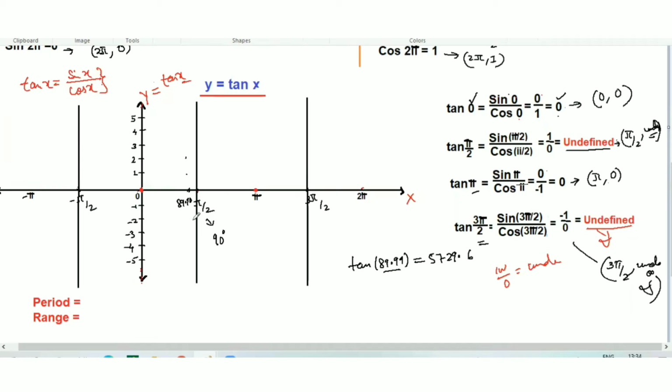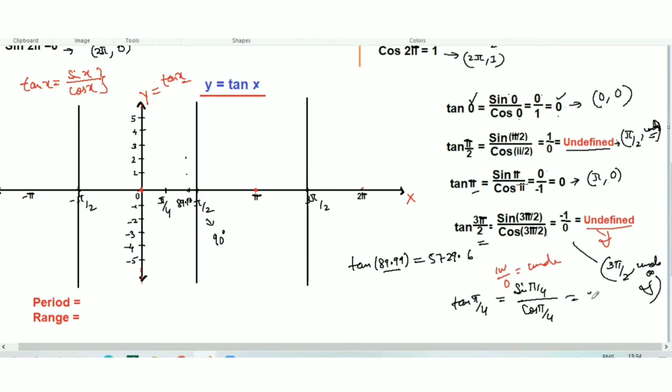Okay. But if you find tan π/4, between 0 and π/2, here it is π/4. When you find tan π/4, you will get the point 1. So tan π/4 is equal to sin π/4 over cos π/4.